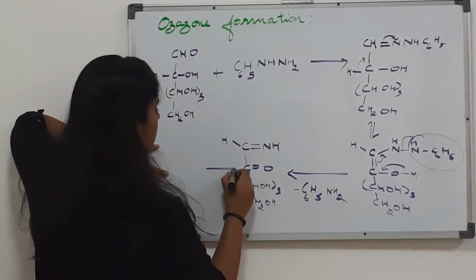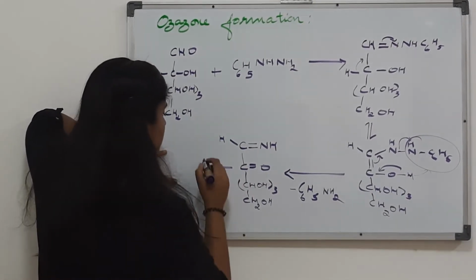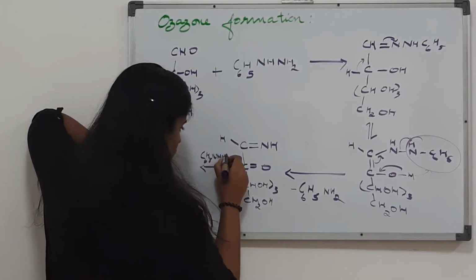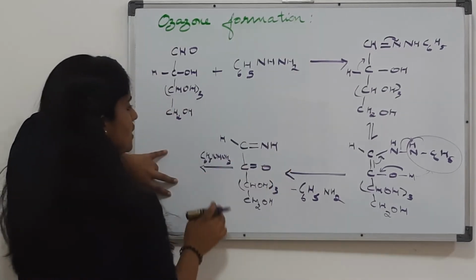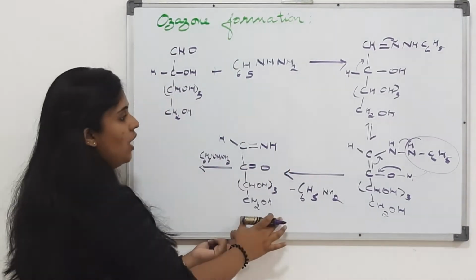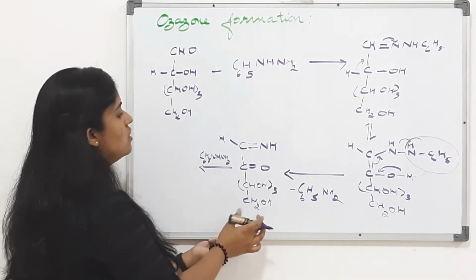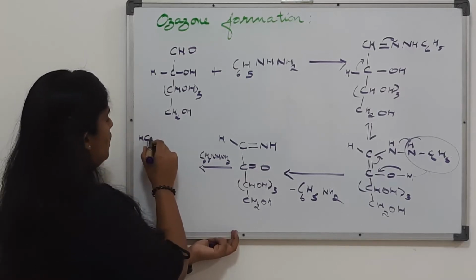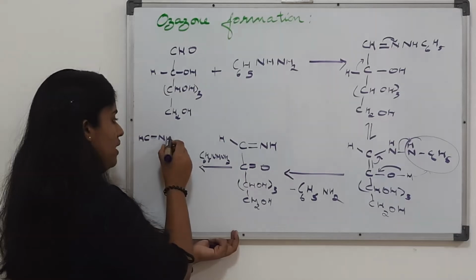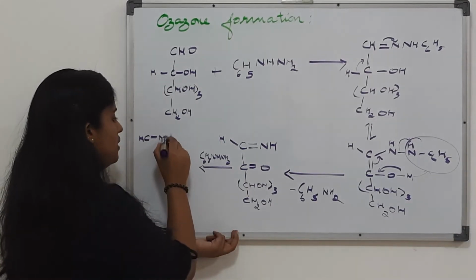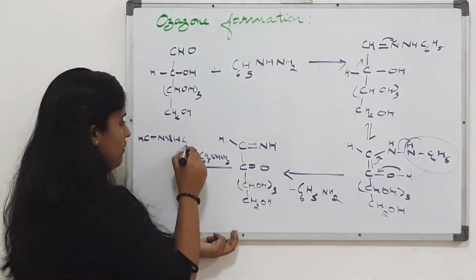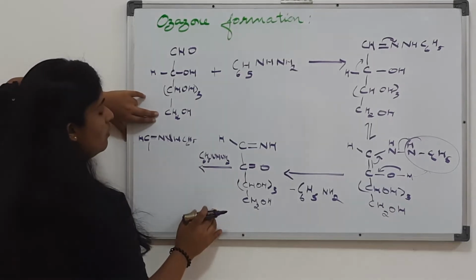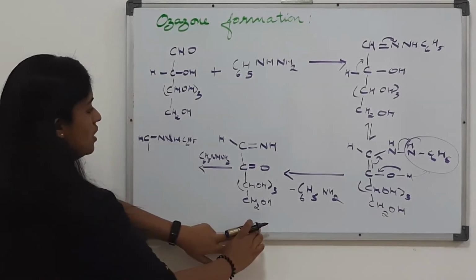Finally, we are treating this with one more phenylhydrazine, C6H5NH2, the same phenylhydrazine, with the product that I got here. So the final product is CH double bond N NH C6H5. Then this ketonic group also will react with phenylhydrazine, again a characteristic reaction of the carbonyl group.